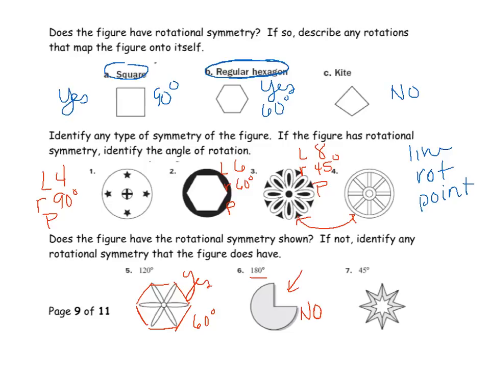And then my star here, my fancy pants star, does it have 45 degrees? Yes, it does. It is essentially an octagon. It's got 8 vertices, so it does in fact have rotational symmetry of 45 degrees. And that's how rotational symmetry works.